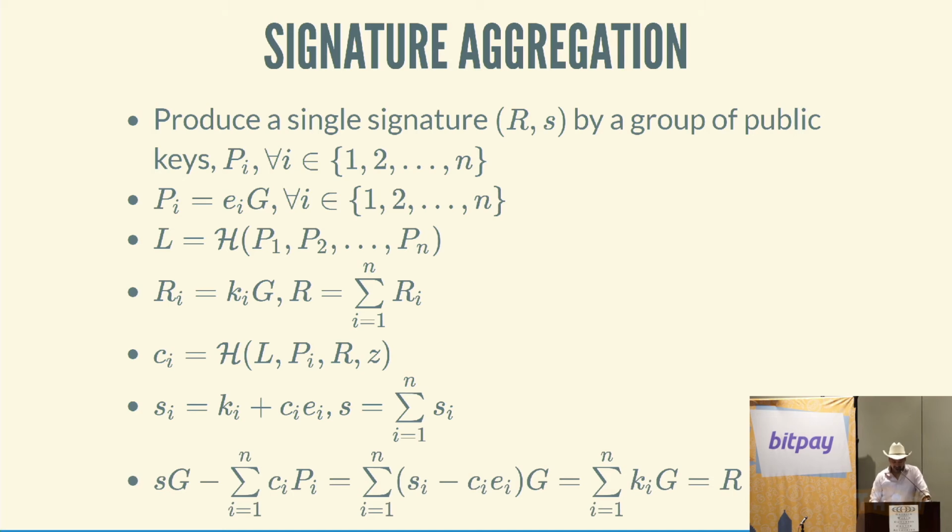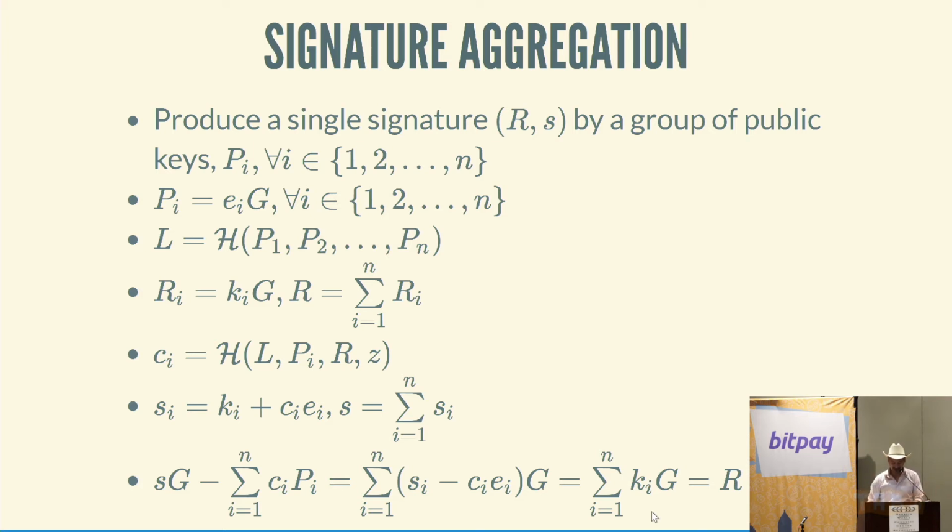And it turns out that if you do this, s G minus c sub i P sub i, we know what P sub i is: it's e sub i times G, and we can combine the terms there. And s sub i G minus c sub i e sub i G, if you substitute k sub i plus c sub i e sub i, that ends up canceling out, so you just get k sub i G, which is R sub i.